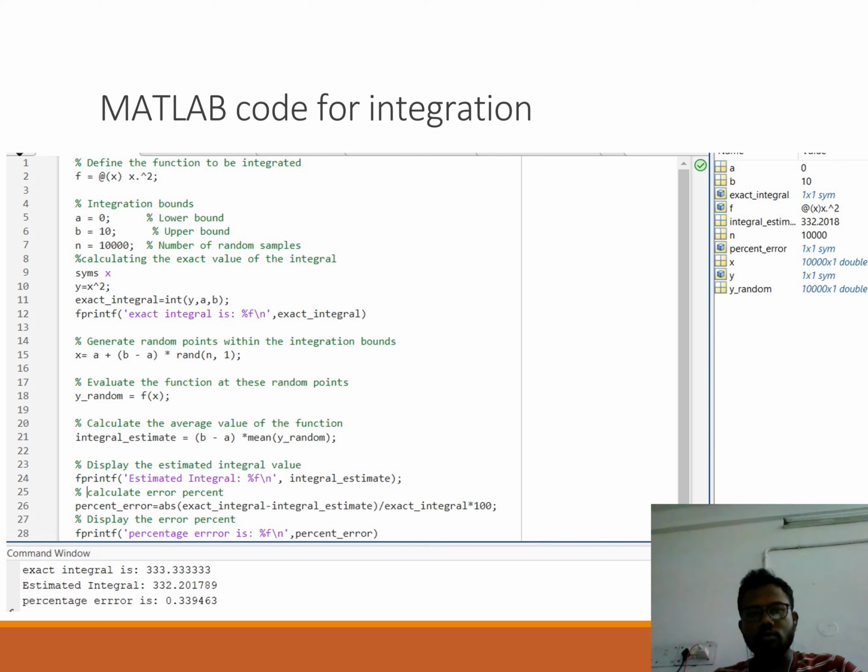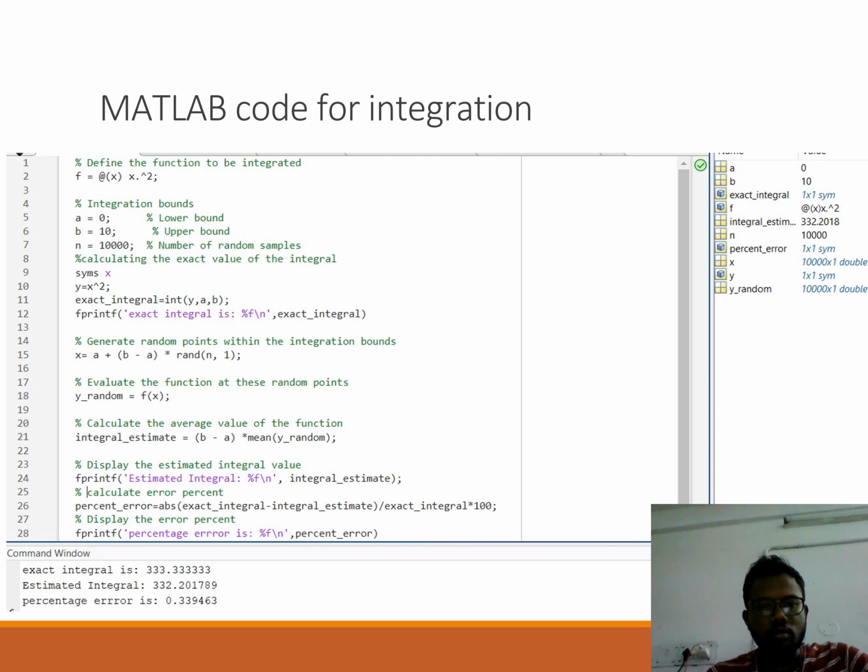Now this is the MATLAB code for integration. First of all, we define the function to be integrated: f = @(x) x.^2. Here @(x) is used to define the function x squared.